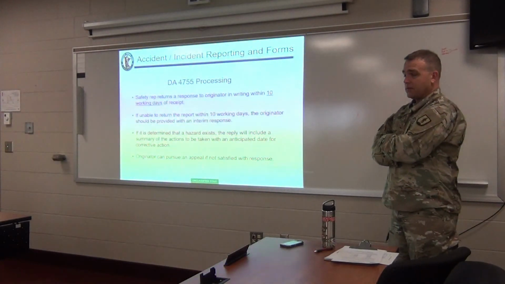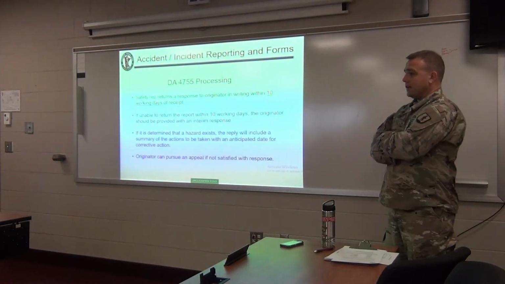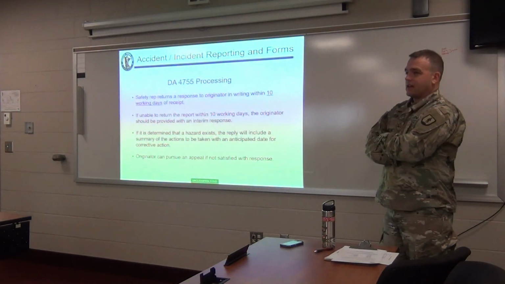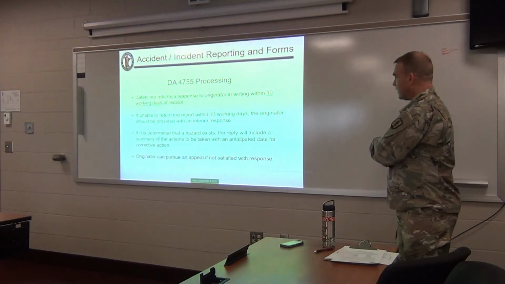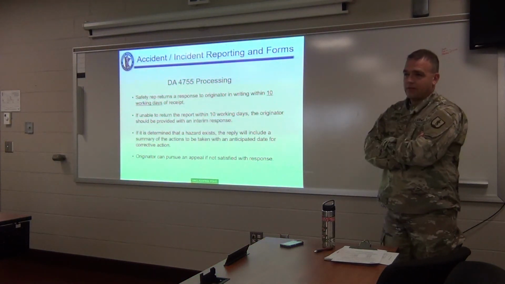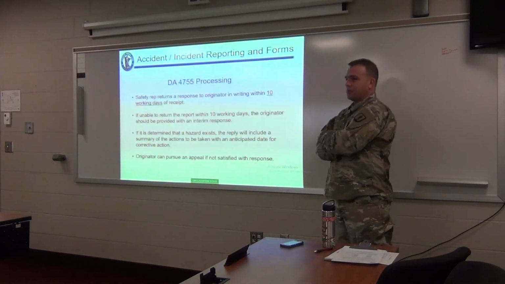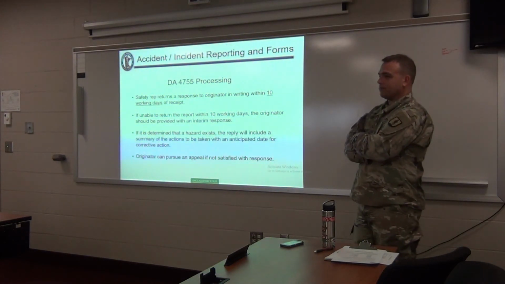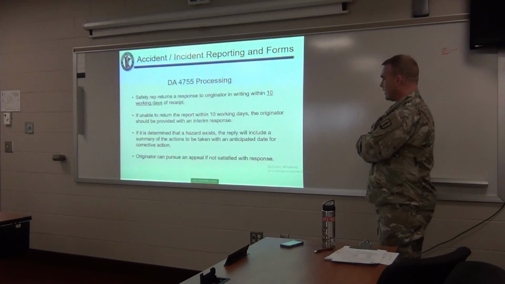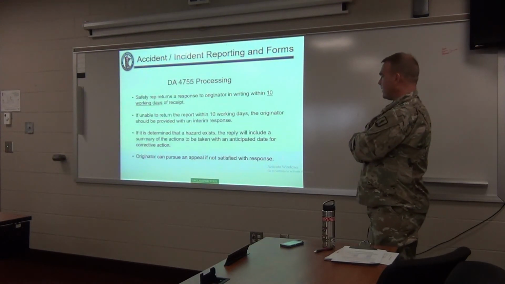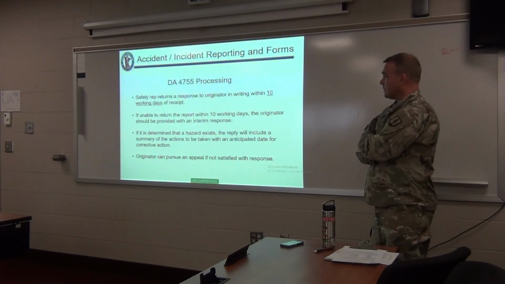So if you see something that sticks out and everybody hits their head on it all the time, and you submit a 4755, and the response is to put a little rubber cushion on it or something, and you don't feel that's good enough, then you can file an appeal. Next.